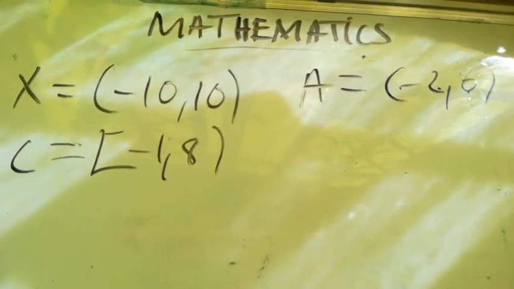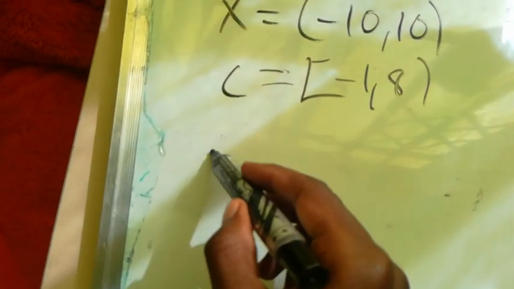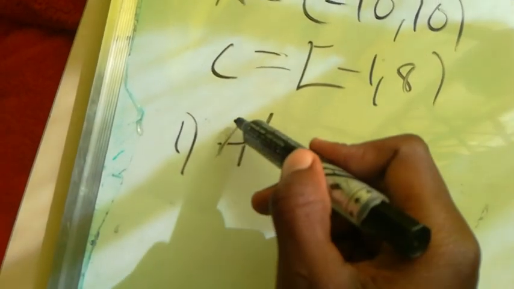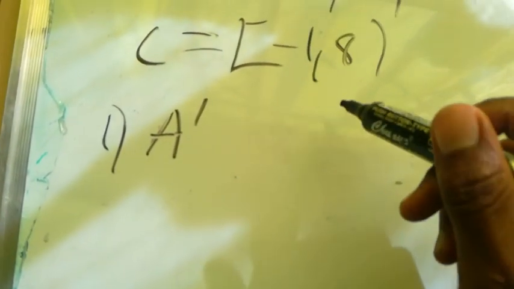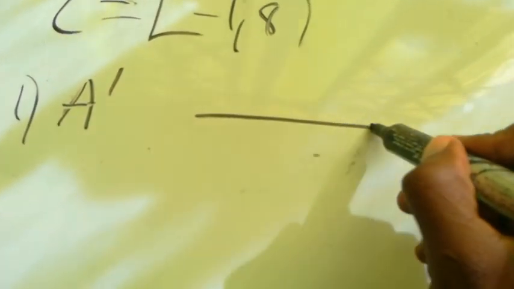Then we want to find, let's say the first question tells us to find the complement of A. All right, so remember that complement simply means the opposite, or the values which are not part of the given set. So here we're talking about the values which are not part of A. To start with, we'll come up with the universal set, which we'll plot on the number line.